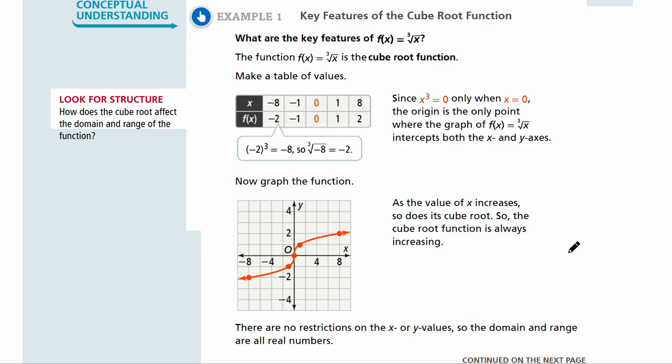So it's very similar to the cube function, except instead of going vertically, you have a horizontal cube function, right? This is how the cube function looks if you didn't know. You know how the square function looks like this and then the square root function looks like this? It's like the half part of the square function, because the square root function cannot have negatives for the radicand, it only has positives, right?